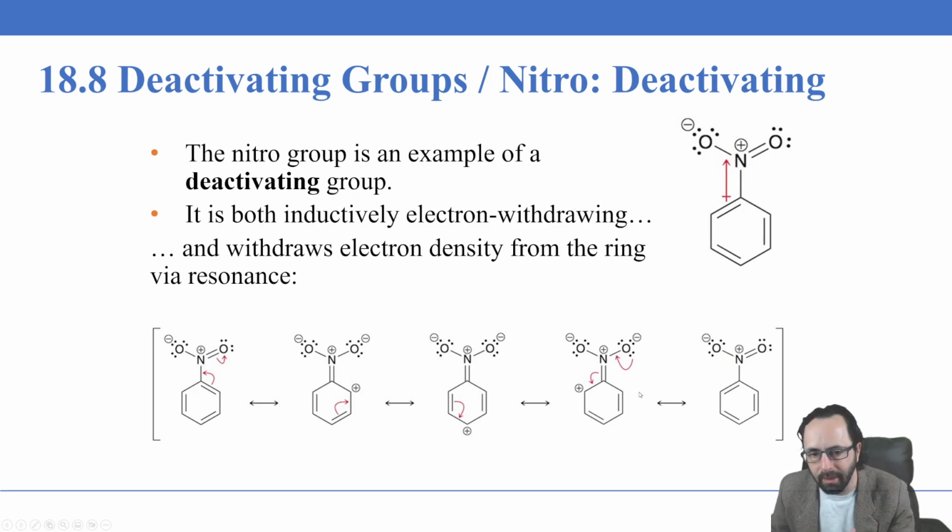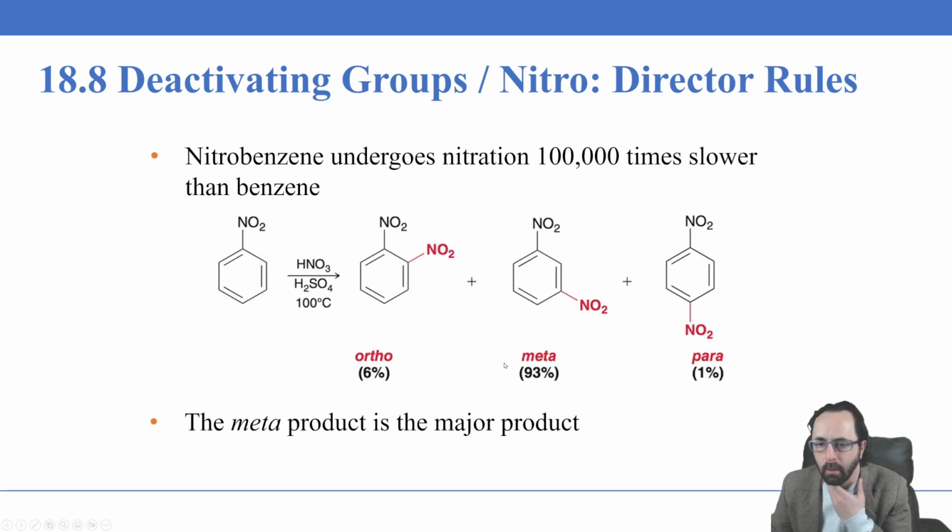And so it can't donate that electron density as easily to an electrophile. So nitrobenzene is going to undergo nitration 100,000 times slower than benzene. In addition, it's going to have meta direction rather than ortho direction.